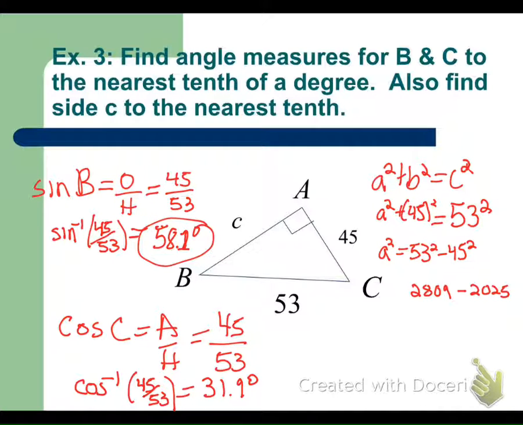Okay, a squared equals 784. Square root both sides. Now I have a equals the square root of 784. Did everybody arrive at 784?